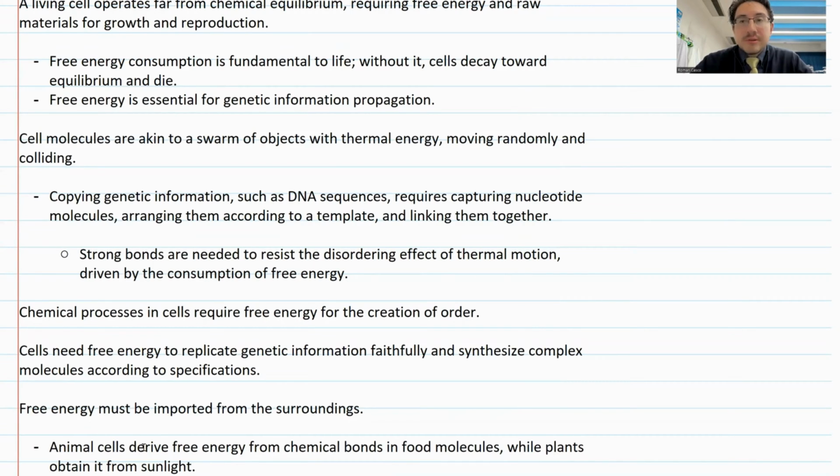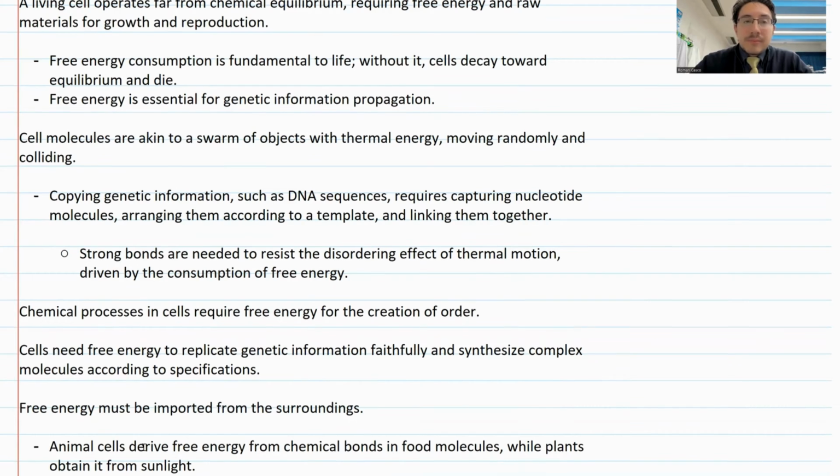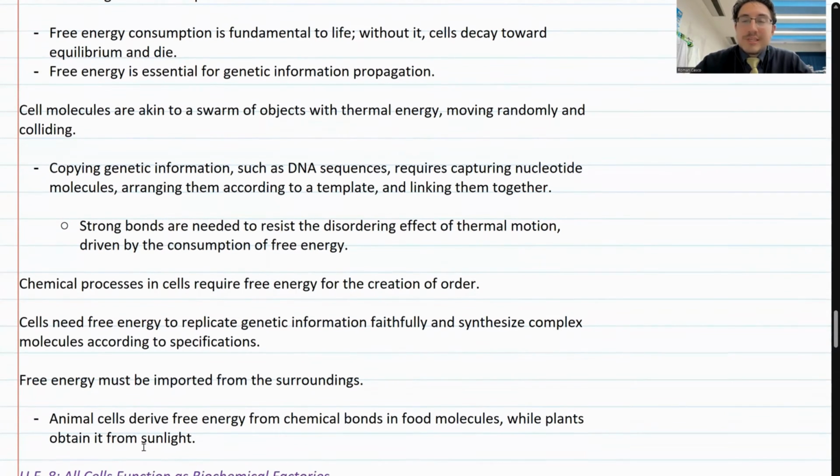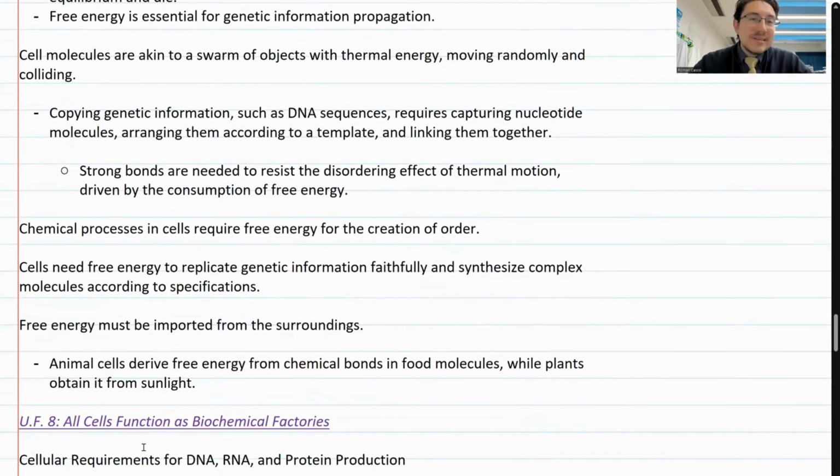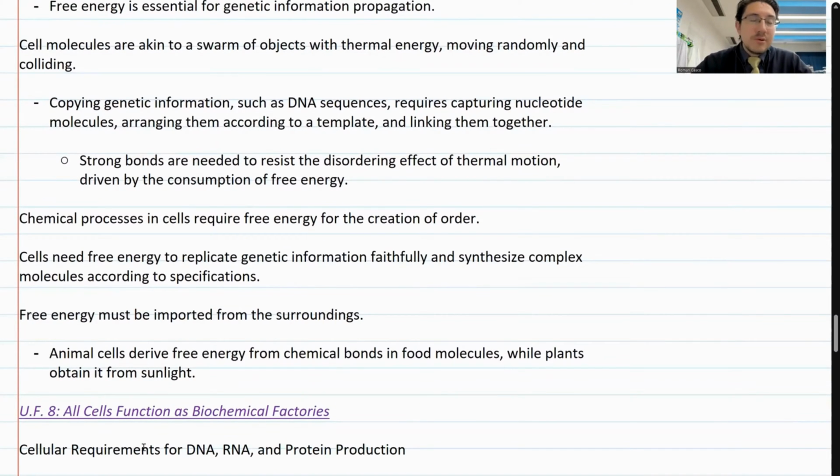Without free energy, or collecting and consuming energy, cells would die, right? So it is quintessential, if I can say, for a cell to thrive. It's essential for genetic information to reproduce and pass down from parent to offspring, and so forth.